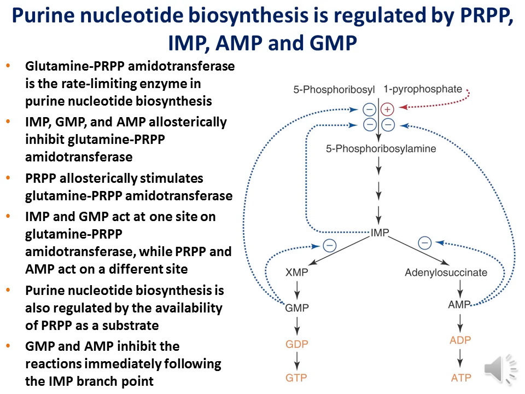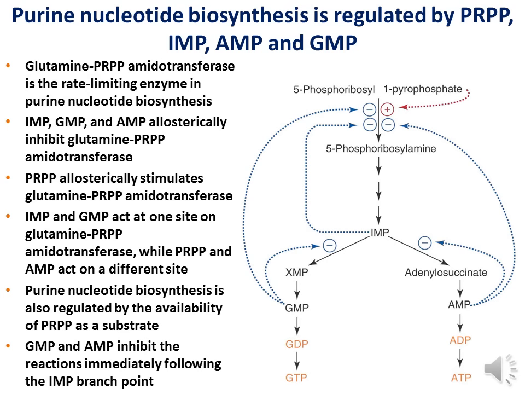This means that it is the major regulated step in the pathway. IMP, GMP, and AMP allosterically inhibit glutamine PRPP aminotransferase, while PRPP allosterically stimulates glutamine PRPP aminotransferase.